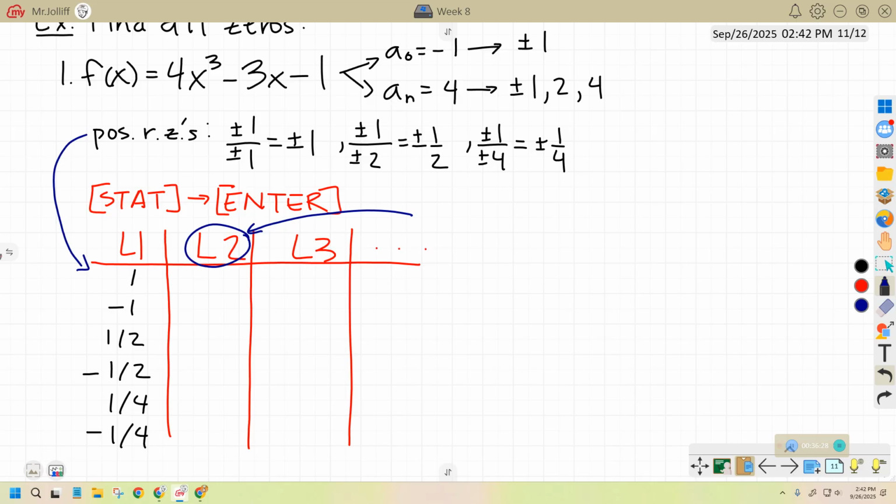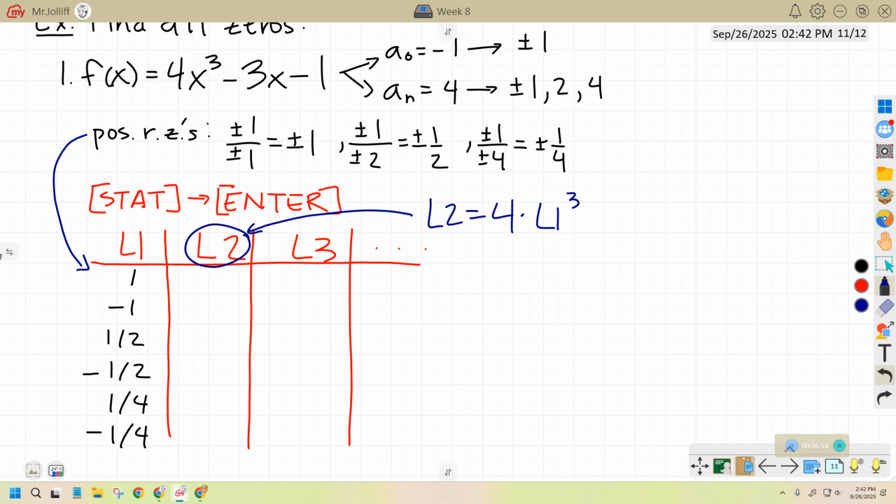My function is 4 times x cubed. Where did I put my x values? In my calculator, where did I put them? L1, list 1. Yeah, so 4 times list 1 cubed. How do I pull up list 1? I press second 1. As you'll notice, there's a little blue L1 above the 1 button.